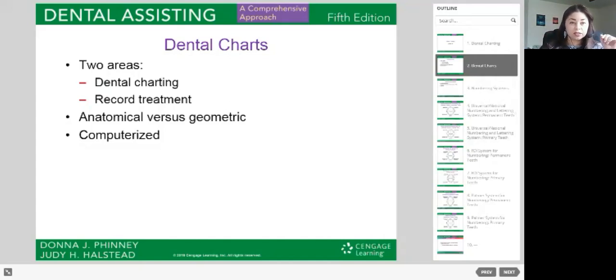All of these are different types of dental charting. Anatomical means the tooth chart looks exactly like a tooth. A geometric is where it's just a circle that's separated into different sections where it doesn't actually look like a tooth. You can see some references of this in your mod packet. And then it's computerized as well. So you can have geometric computerized or geometric anatomical, and I'll show you some examples of those here in just a minute.